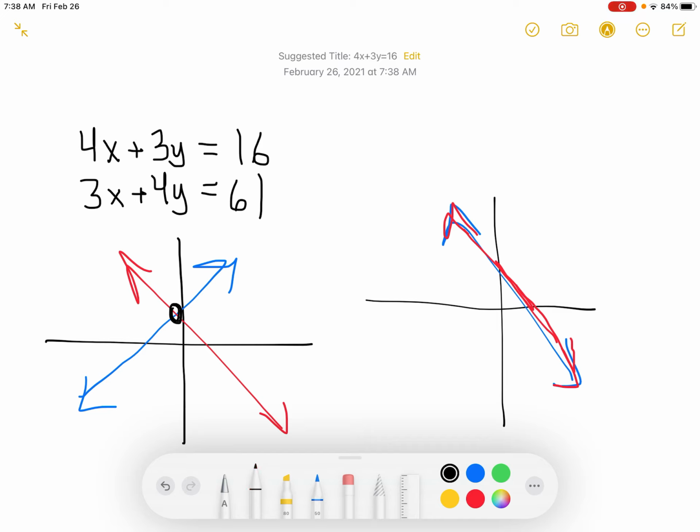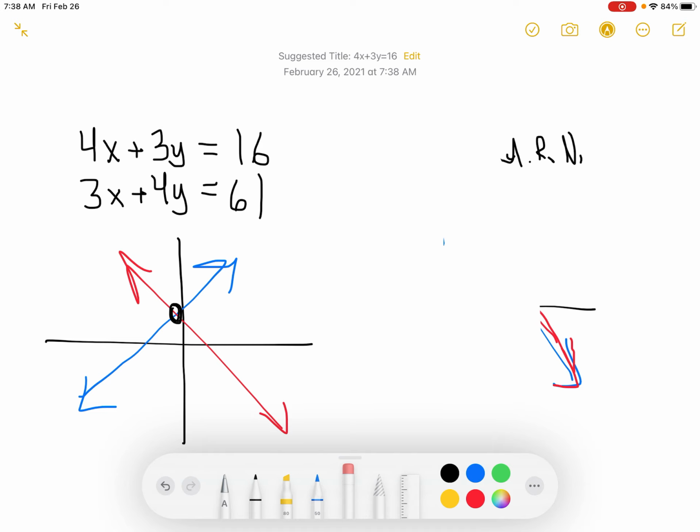That would mean infinitely many solutions, or you could say all real numbers. So the no solution one would be if they had the same slope but a different y-intercept.